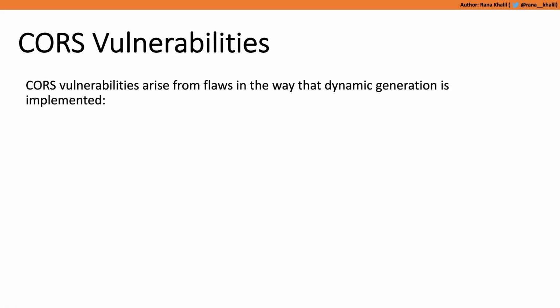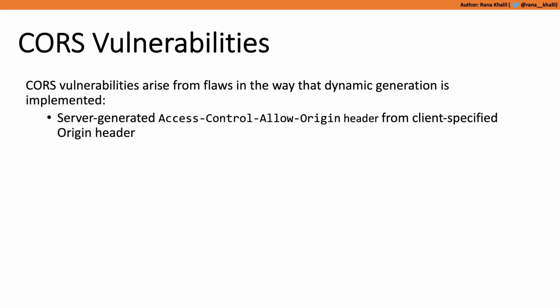And across time, we've seen many different insecure implementations of that functionality. We'll see a subset of the most common ones in this slide, starting with the first one, which is simply extracting the origin header from client-side input and reflecting it back to the user.